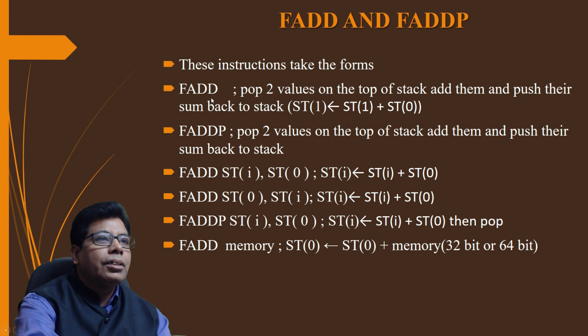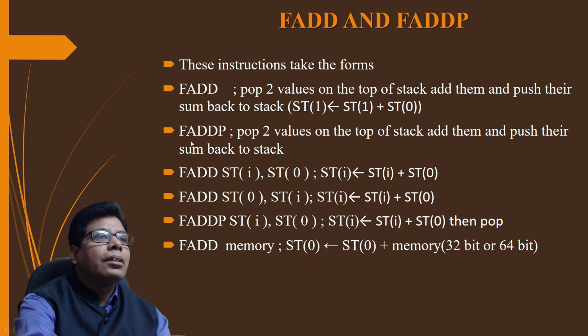So FADD, here we are not given any operands, so it will take implicit operands. ST1 will be the destination, and the stack top ST0 will be the source operand. They are added and the result is stored in ST1.